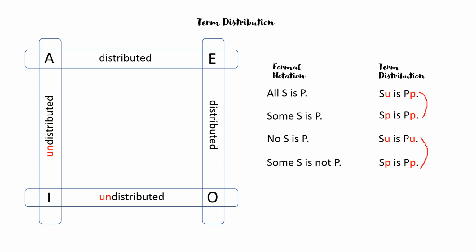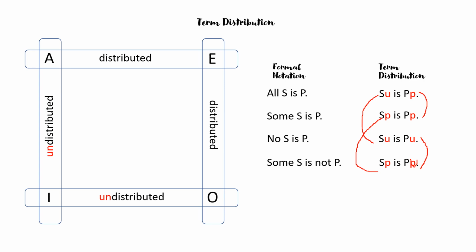The universal propositions get distributed subject terms, and the particular propositions get particular subject terms. So that's how this gets synthesized.